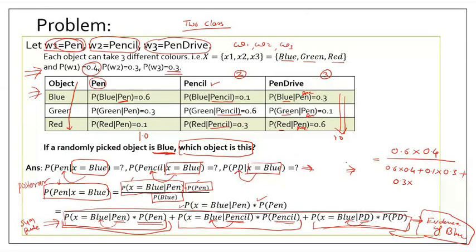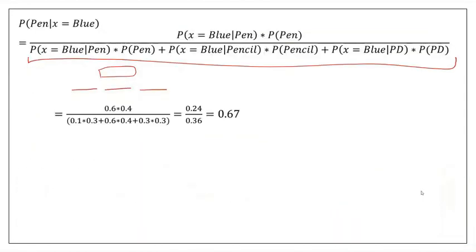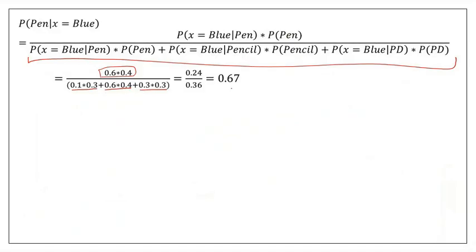So the chance of pen drive is 0.3. Okay, so if you solve this, you will get the answer as 0.67. So for pen, what you obtained is this probability. This is the posterior probability. What it is saying is, if the given object is of blue color, the chance that it will be a pen is 0.67. Okay, so that is now known to us.